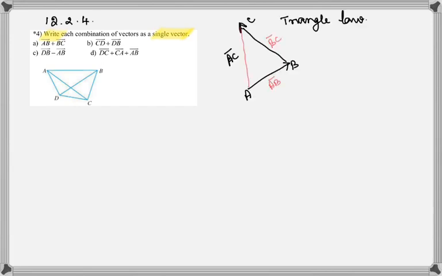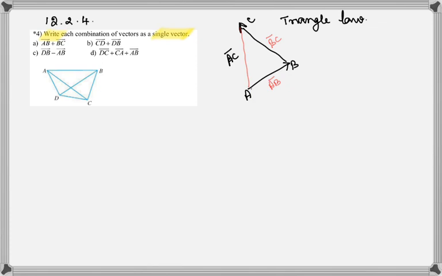So let's use the triangular law. If you have a vector AB, the initial point is A and the terminal point is B, and you have another vector BC whose initial point is B and the terminal point is C. Pretty much the vector BC starts off where the vector AB ends, and then the sum of the two vectors is A to C. AB plus BC is A to C, which is the initial point of the first vector to the terminal point of the second vector.